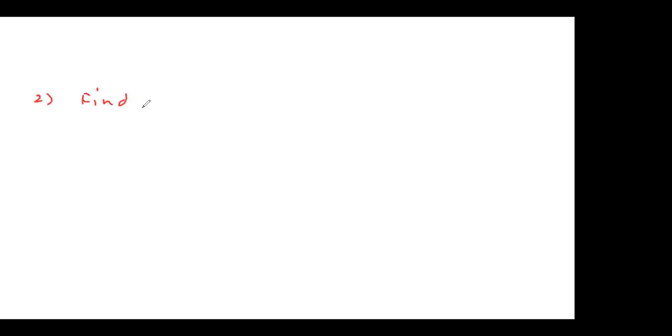Find unit vector along A bar equals i cap plus j cap plus k cap.